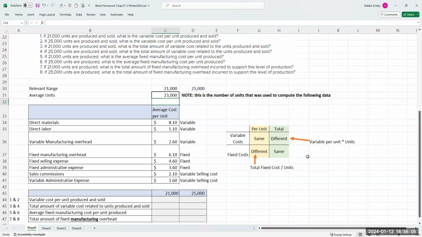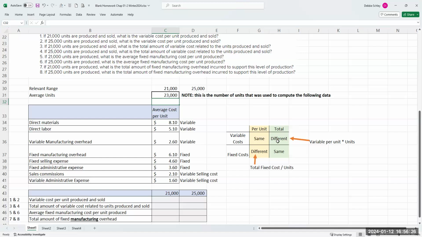And just as a side note, remember with variable costs, the per unit stays the same no matter how many units you produce and sell. But the total variable cost is different if you produce or sell different amounts of units.